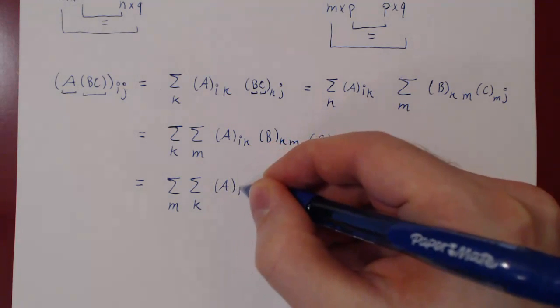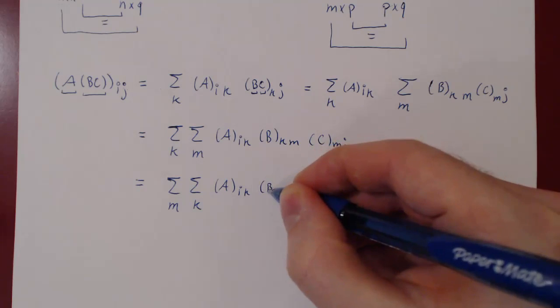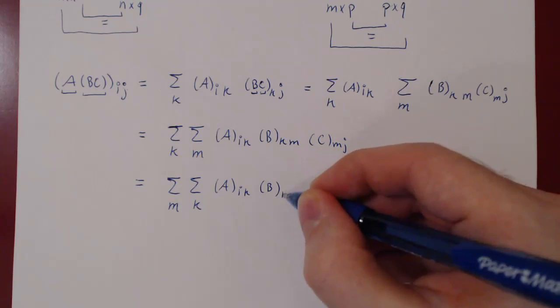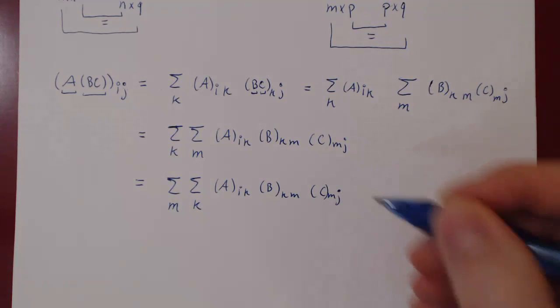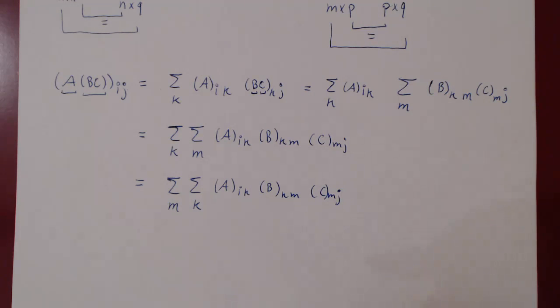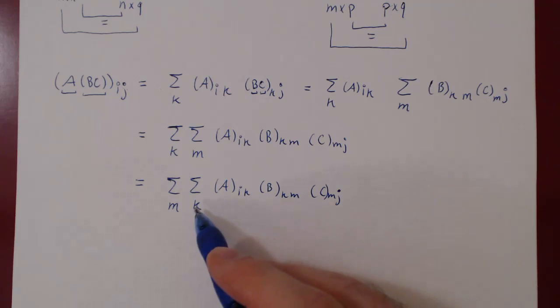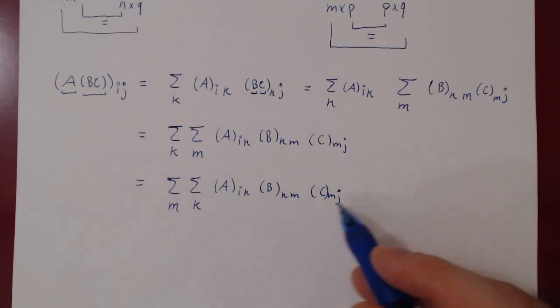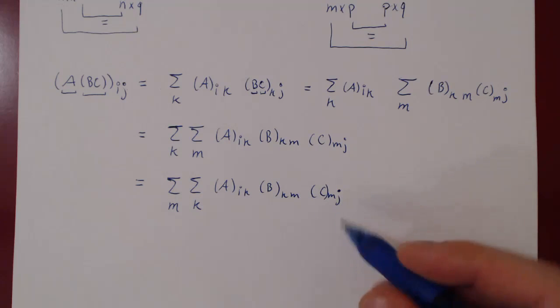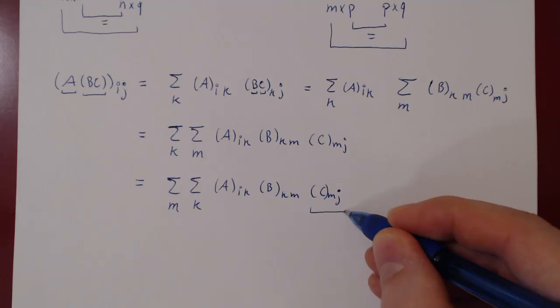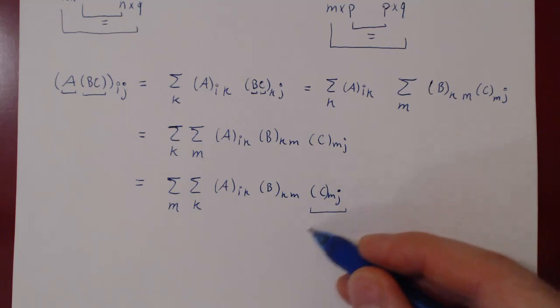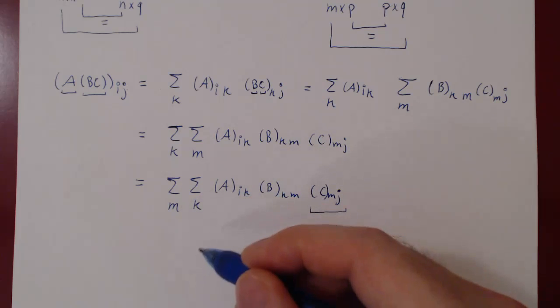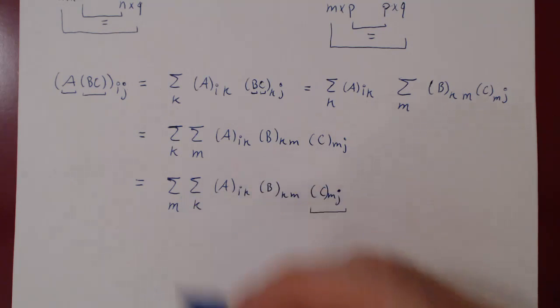So we have a_ik, b_km, c_mj. What's interesting now is that with respect to k, c_mj is a constant, right? This term does not contain a k. Therefore, with respect to k, it is a constant, and we can move it out of the first summation, the summation with respect to k.